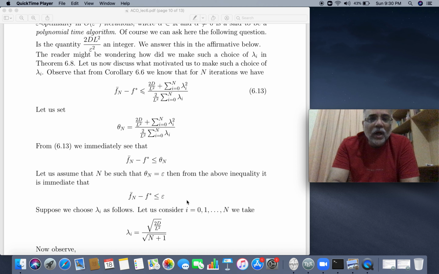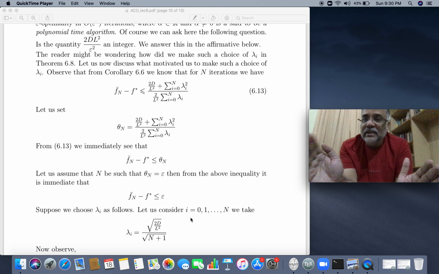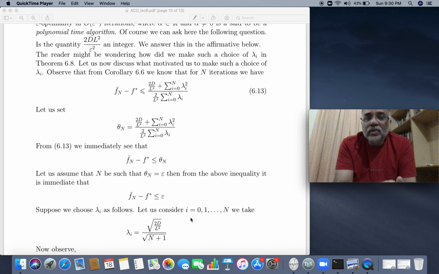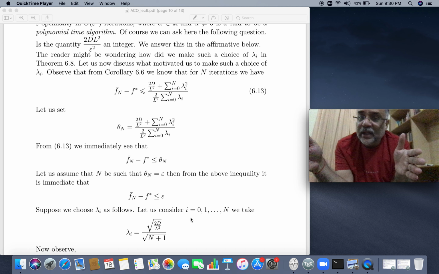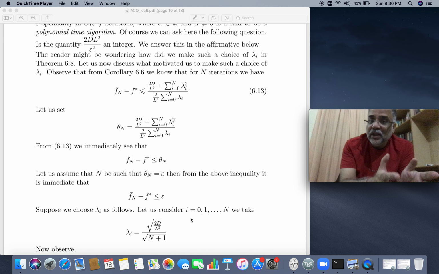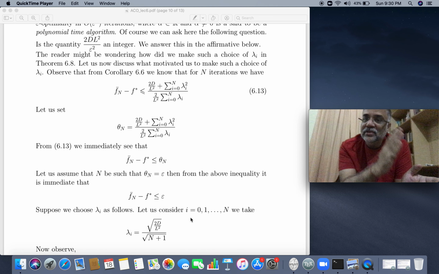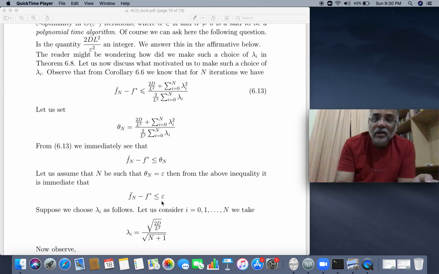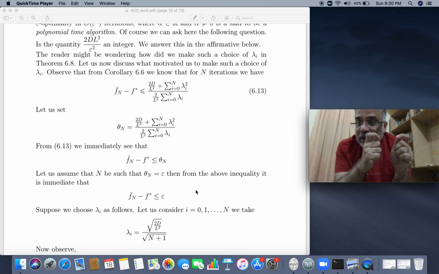So let us see. Suppose if theta n is my epsilon, then at the nth step I have reached epsilon optimality. So what kind of step size would actually generate this scenario, and allow me to compute the step size by the iteration number, capital N?